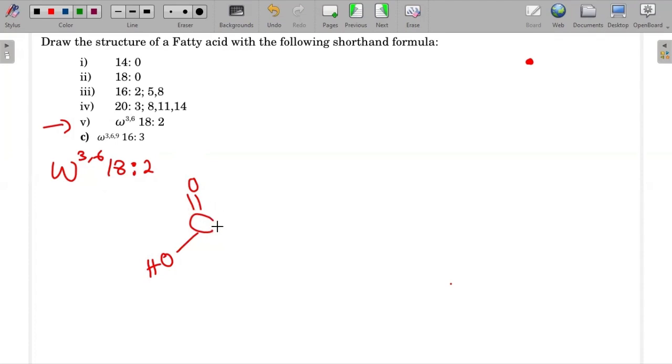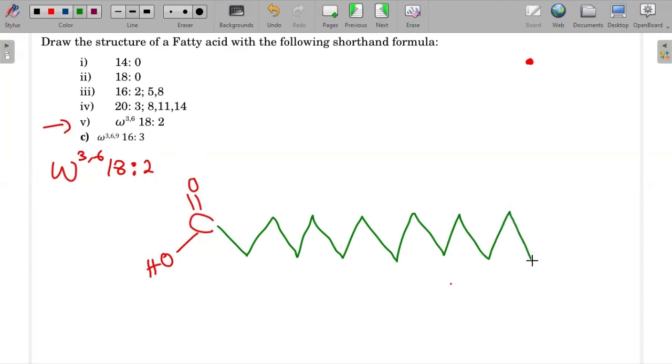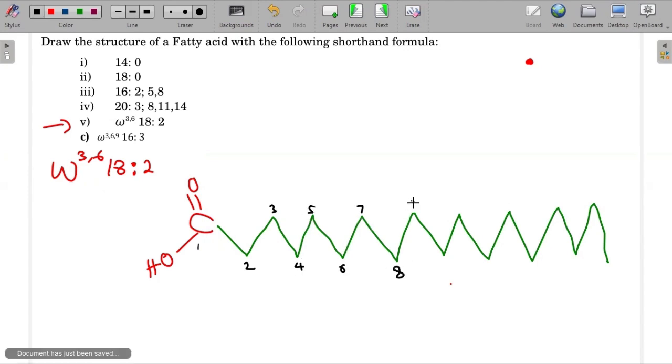So this is carbon number 1, 2, 3, 4, 5, 6, 7, 8, 9, 10, 11, 12, 13, 14, 15, 16, 17, 18. You can also label them if you want. So you can see we have 18 carbons there.